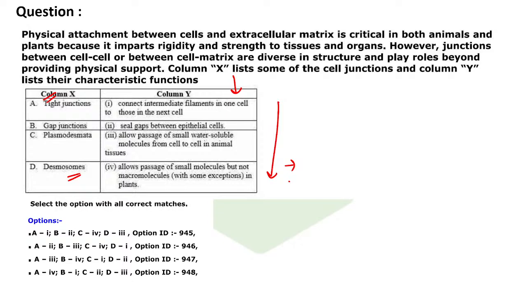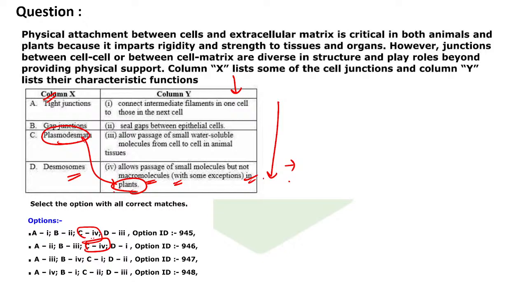The question is tight junctions, gap junctions, plasmodesmata, and desmosomes, right? Plasmodesmata is a junction found in plants, which allows the passage of molecules but not macromolecules in the plant. So C gets marked with the fourth one.